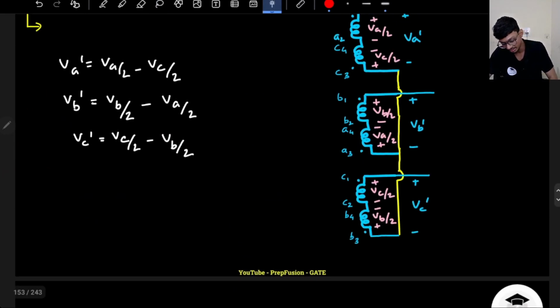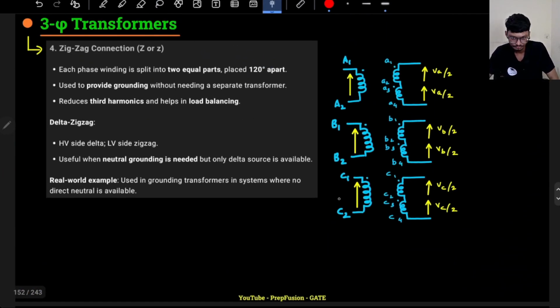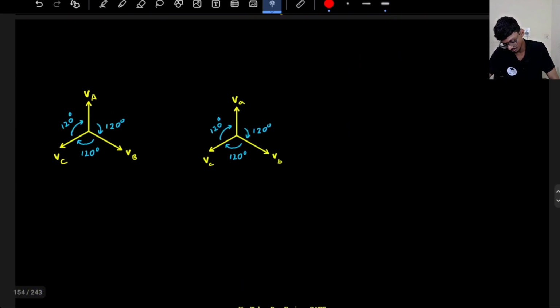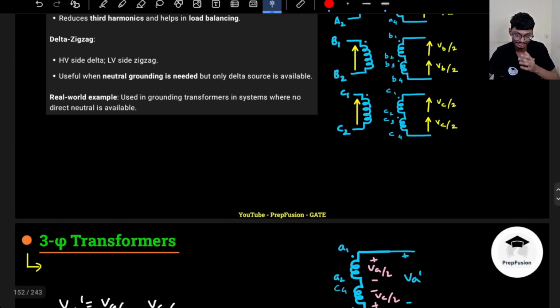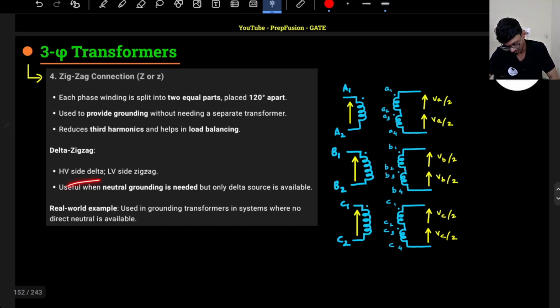Okay, so in the high voltage side, can you tell me what is VAB? In the high voltage side, still it is star connected. Okay, no, sorry, it is not star connected, it is delta connected. High voltage side is delta connected.